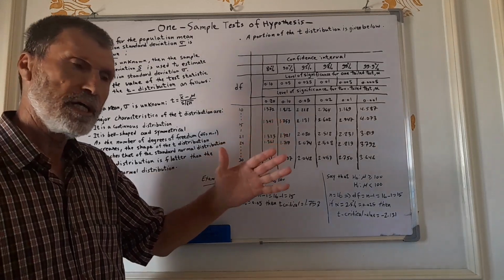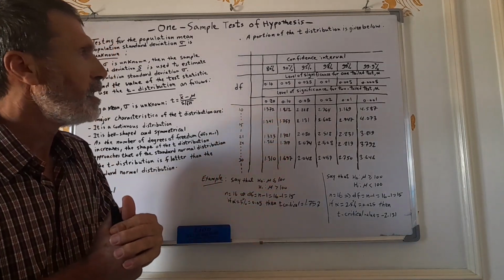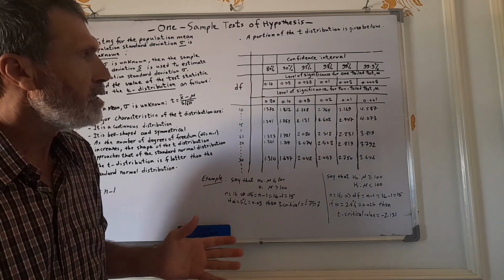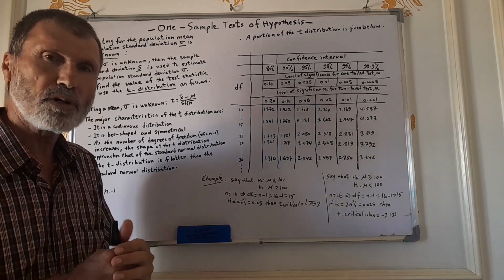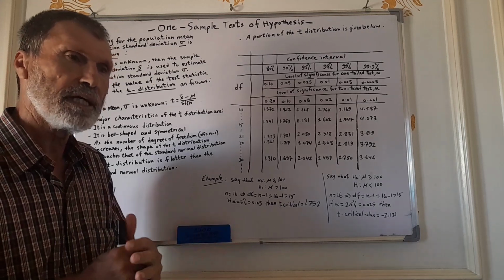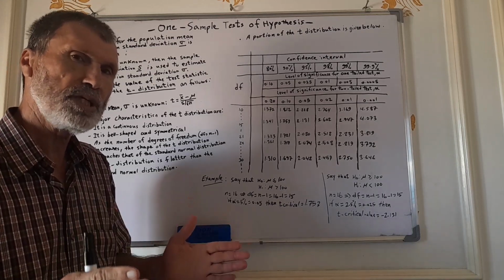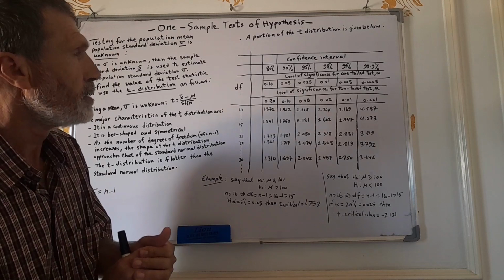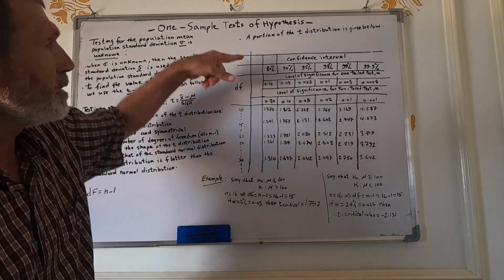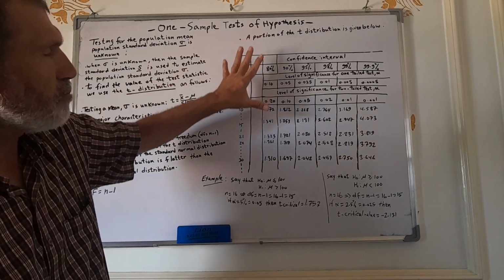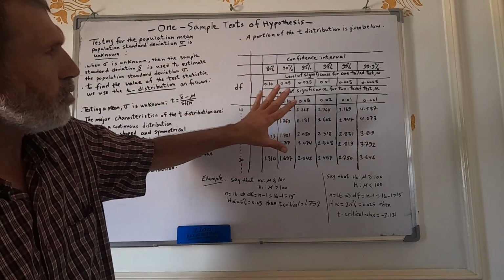The full table of the distribution is located in the back of the book in the appendix, which is appendix B.1, B.2.